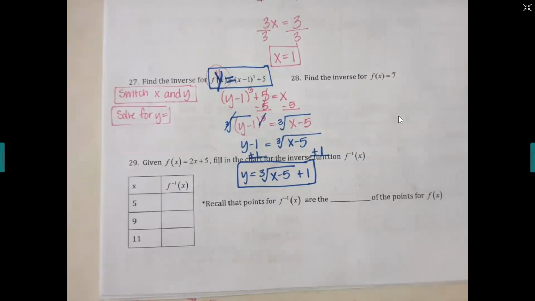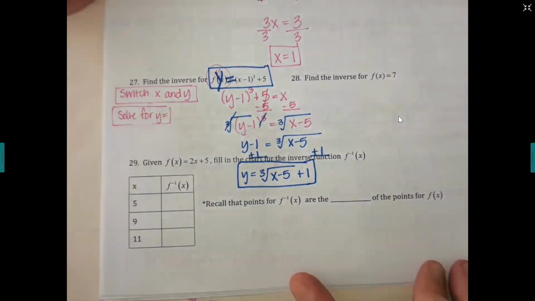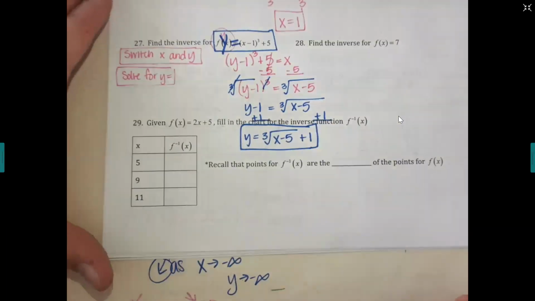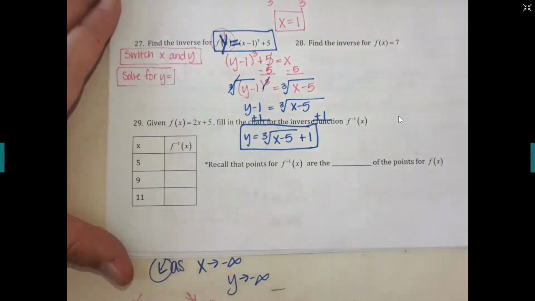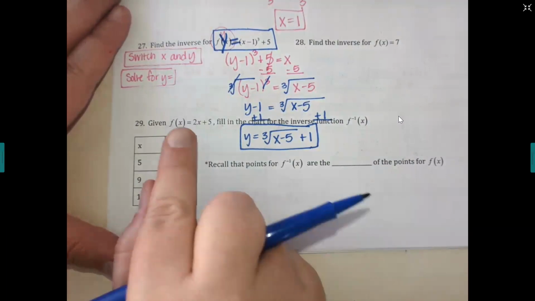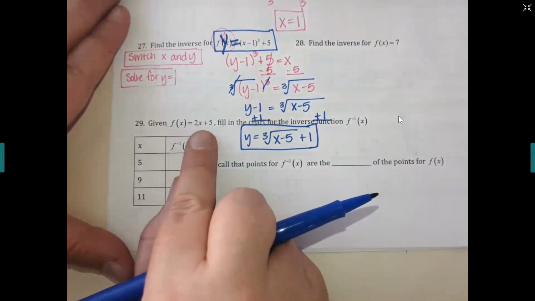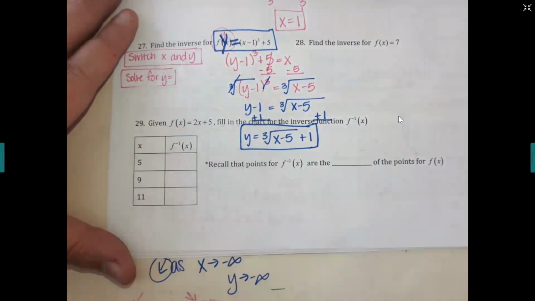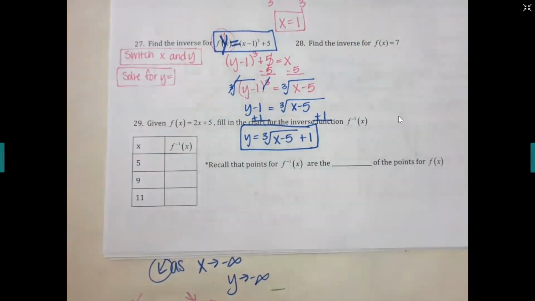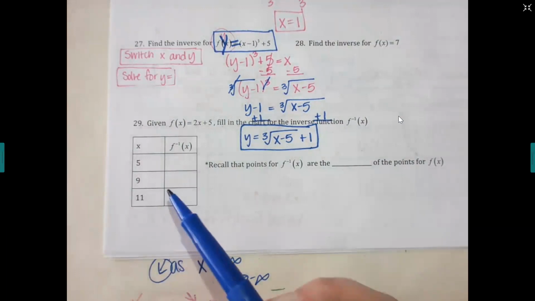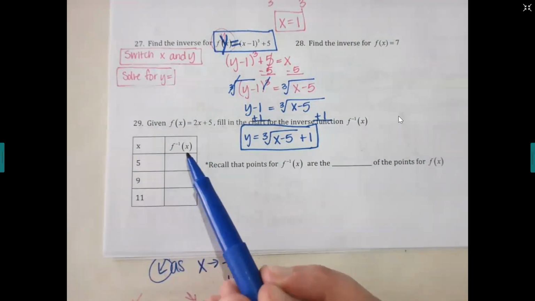Okay, for number 29. 29 is a little bit confusing the way that it's worded, but there's a question just like this on your exam, so I want to make sure you know how to do it. It says f of x equals 2x plus 5. Will you put that into your calculator, please? Then I want you to go into the table, because we see we have a table here.